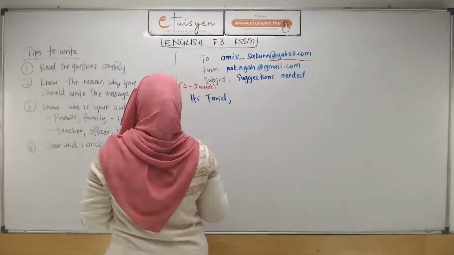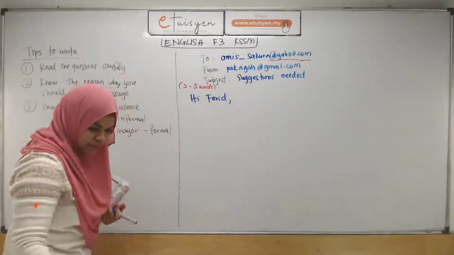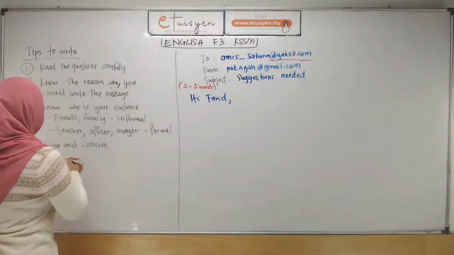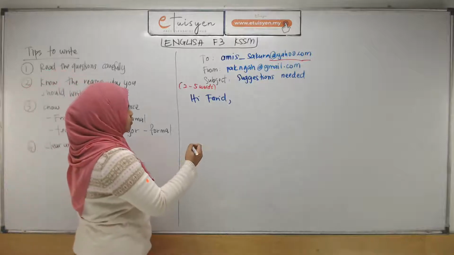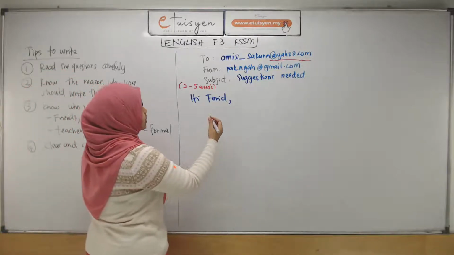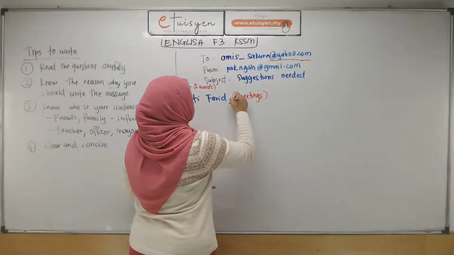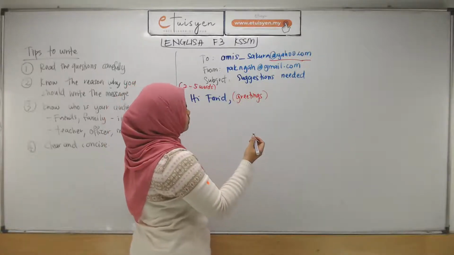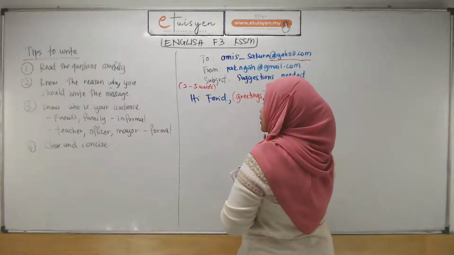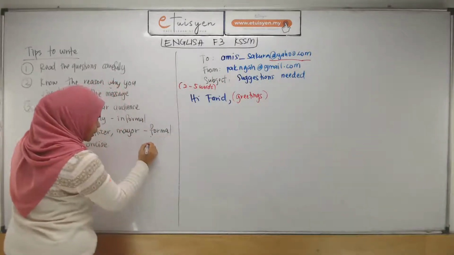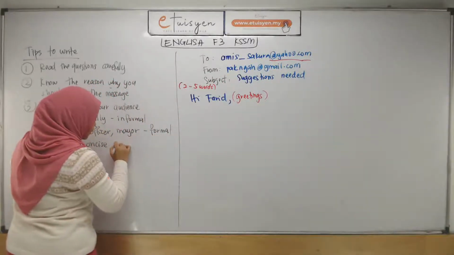Okay, let me just try that now. Okay, kat mana tulisan? So ini adalah greeting. Okay, kalau formal, let me just write it. Kat mana ni? Kat sini. So for example, greeting untuk formal.